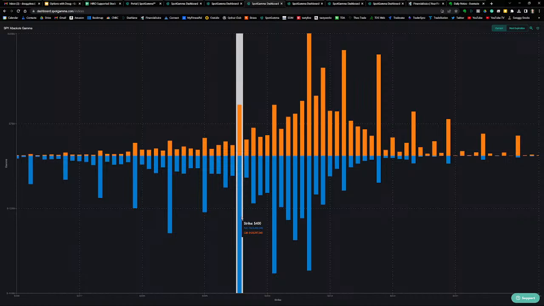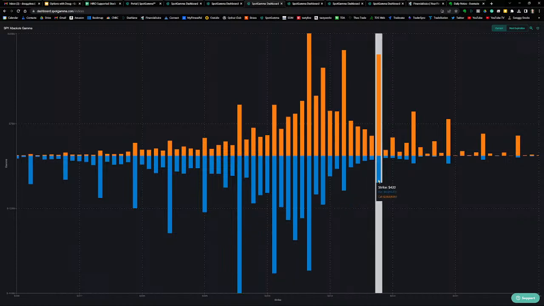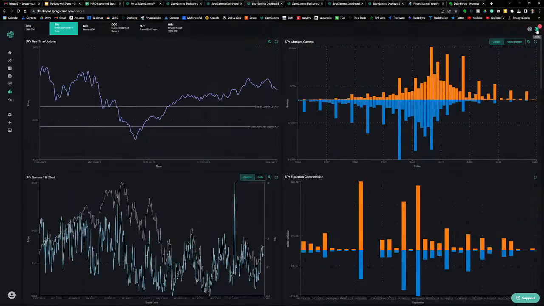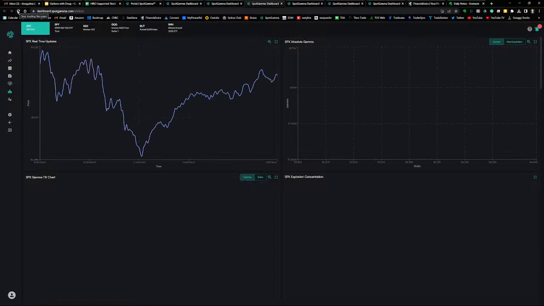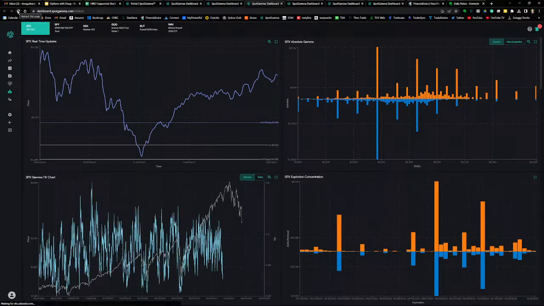That's pretty obvious. And then there is the 420 call wall. All right, so that's SPY. So we've covered the S&P 500 now. And generally I have to refresh before I look at QQQ. So for the NASDAQ, we'll just look at QQQ.